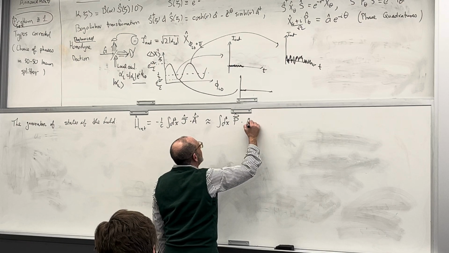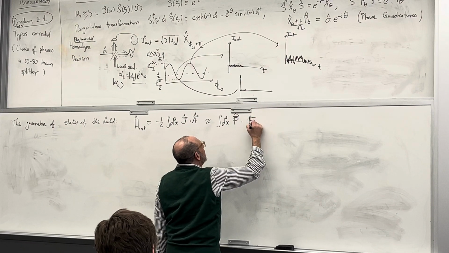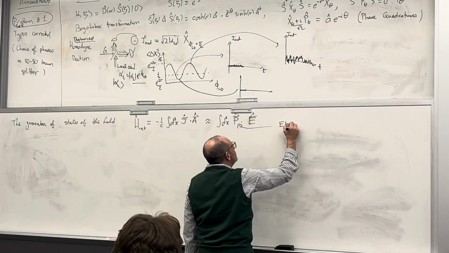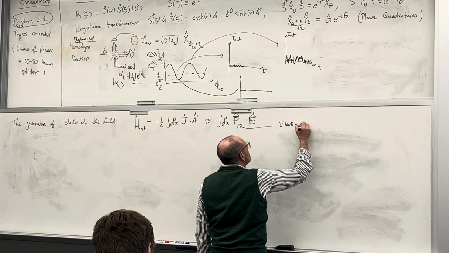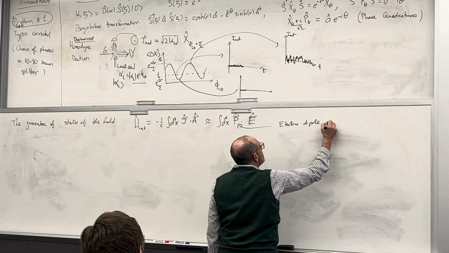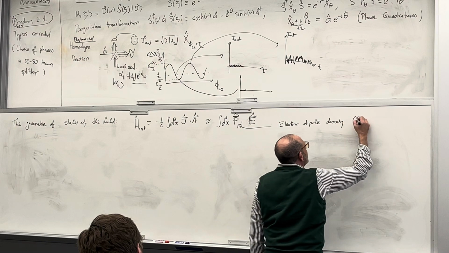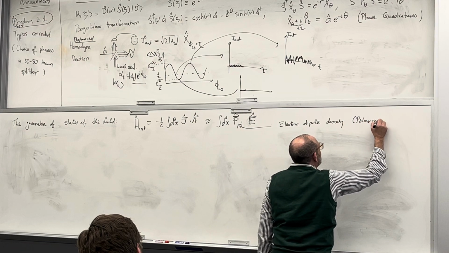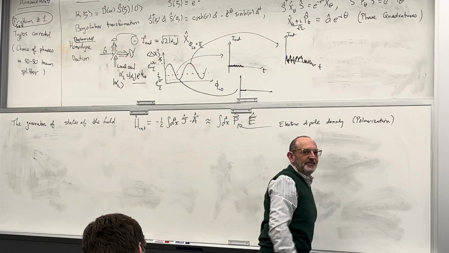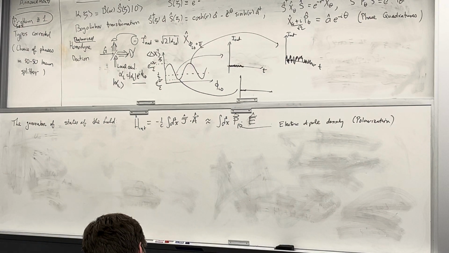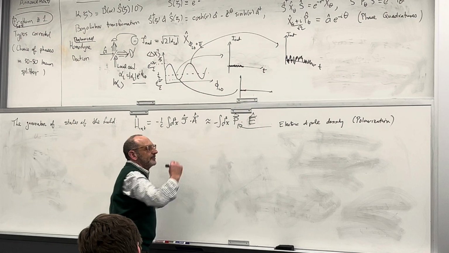So P here, and this is P dot E, is the electric dipole density. Sometimes known as the polarization, but of course polarization has lots of different meanings. Okay. That's classical, minus.